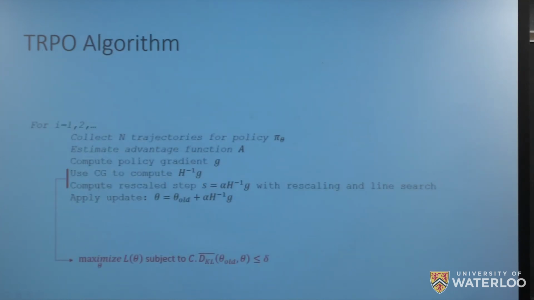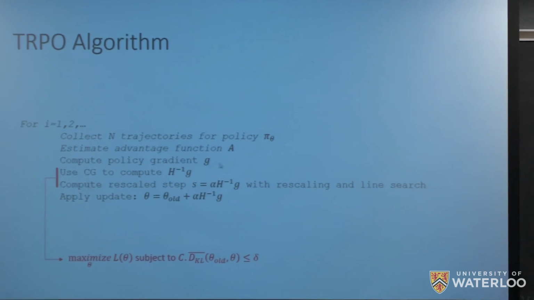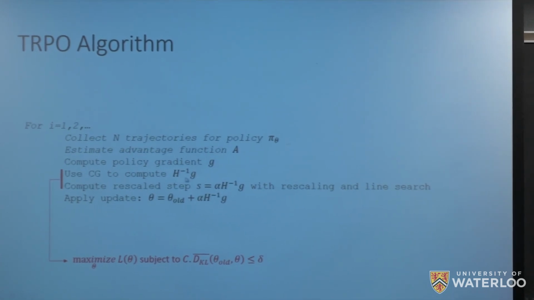So the TRPO algorithm looks like this. It's almost the same as the policy gradient: you collect n trajectories and then you estimate the advantage function. You could also use actor-critic here if you want a better estimate of the advantage function. You compute the policy gradient G, and then you compute, this should be F here, or H is fine too.